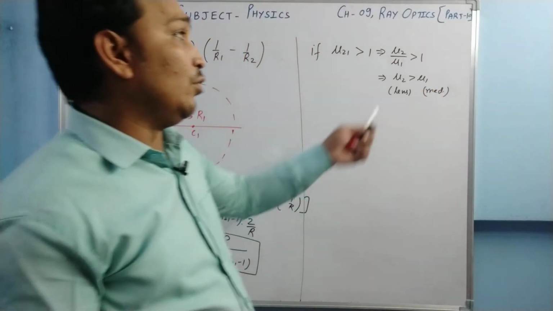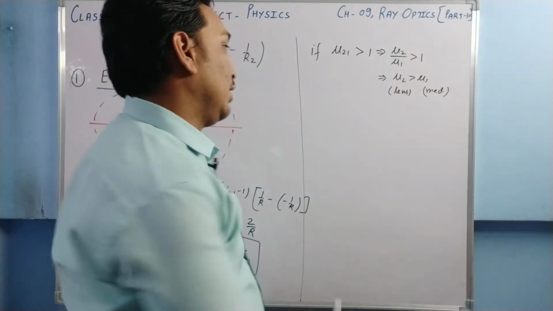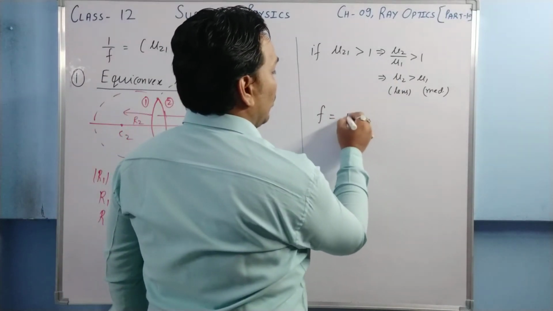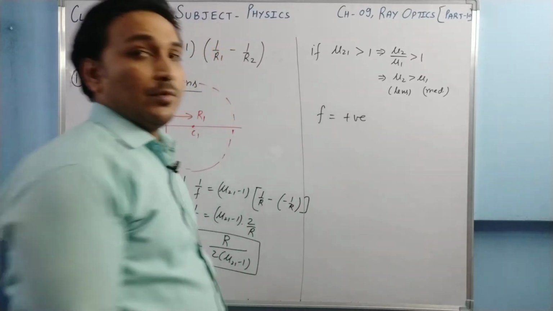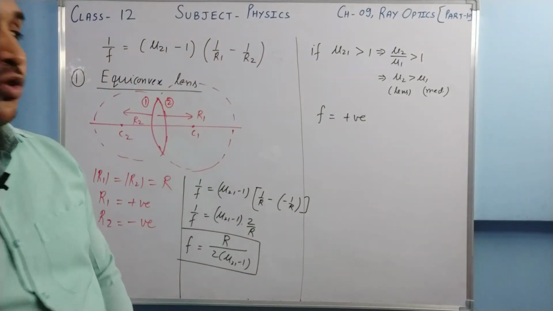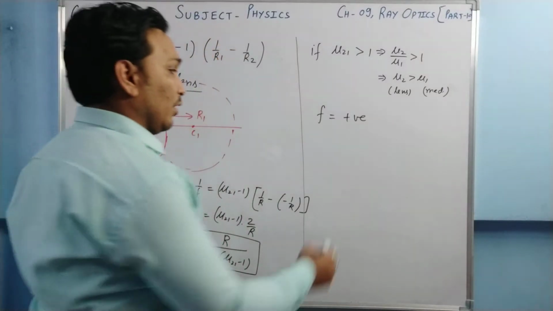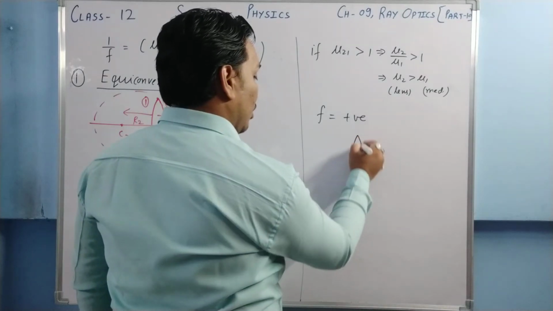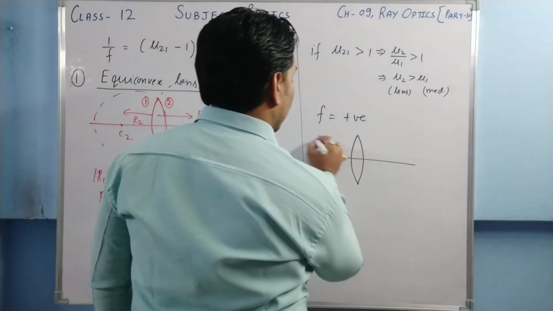So basically, as long as mu 2 1 is greater than 1, f comes out to be positive. Okay, so the nature of the lens will be converging.